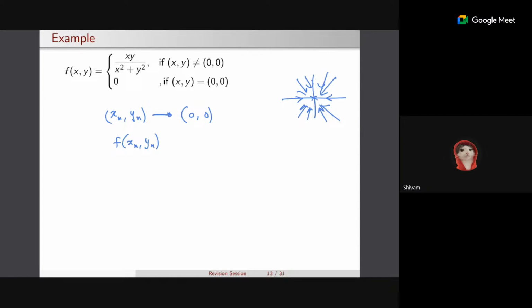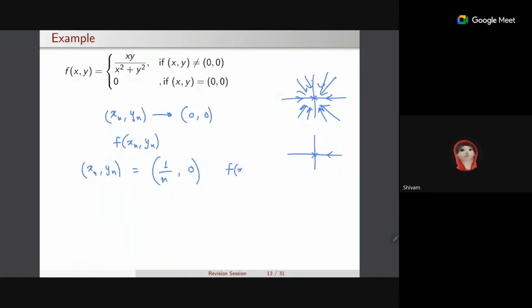So for this particular example, let's see how it works. Once again, let me just draw this domain. The domain is this, the point of interest is 0, 0. If I travel along this line, for example, which is 1 by n, 0, as I increase n, I go closer and closer to 0.